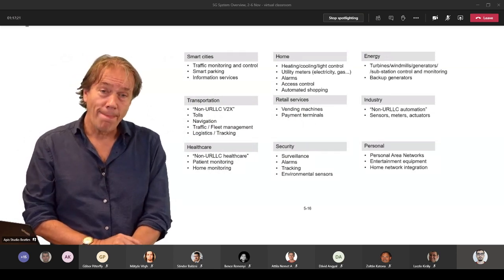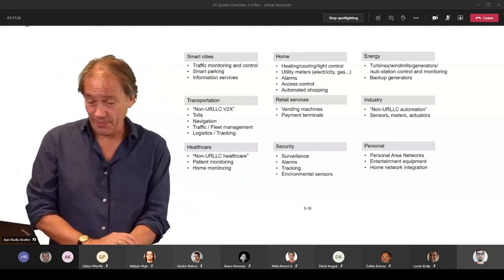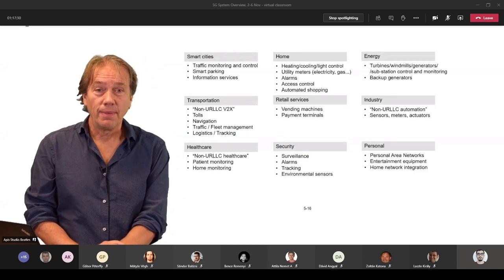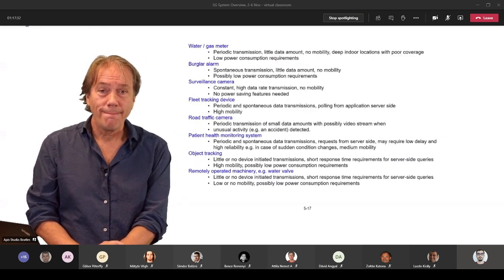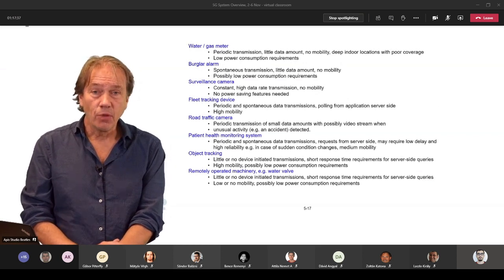So, but once again, it's the number of devices which will be the challenge. Yeah, more of the same.